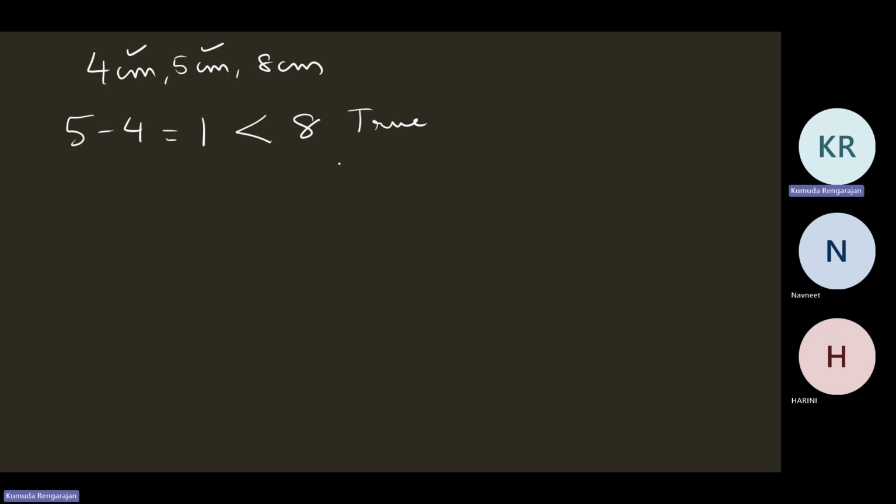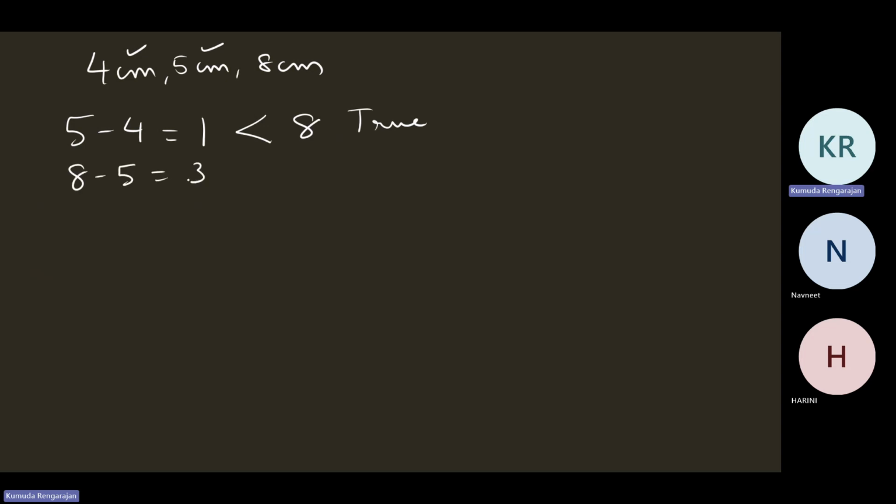Then take the second and the third side. Take two sides at a time and find their difference. So 5 and 8. Don't find 5 minus 8, find 8 minus 5.